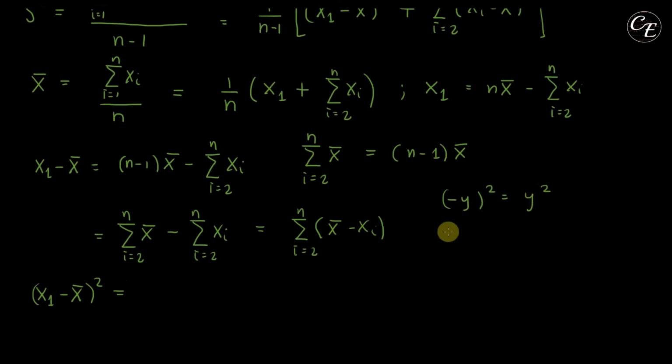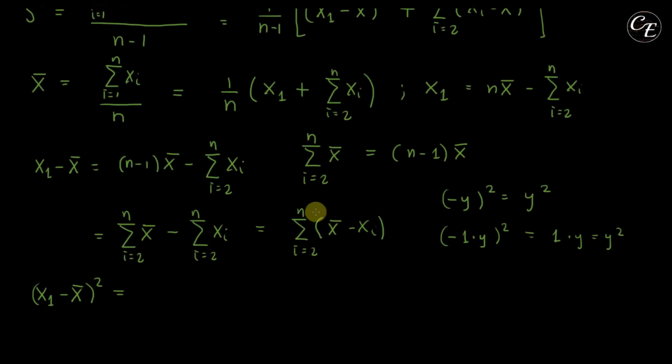This is because this negative y can be factored out as negative 1 times y, and if we square this, it will be negative 1 squared times y squared, which is y squared. So the square of a negative variable is equal to the square of that variable. Since we are squaring this term, we can put a negative in here, and it doesn't affect the value when this is squared.